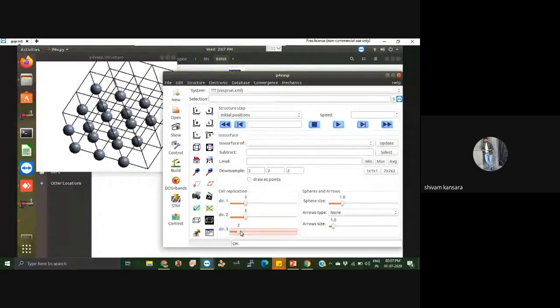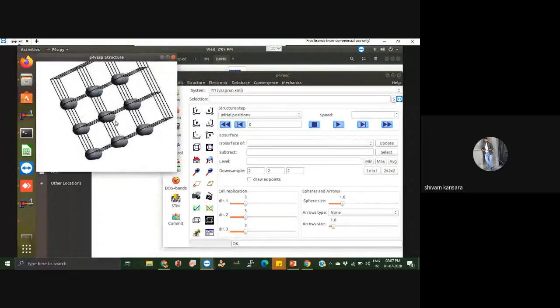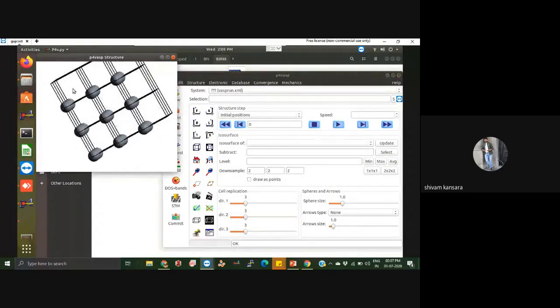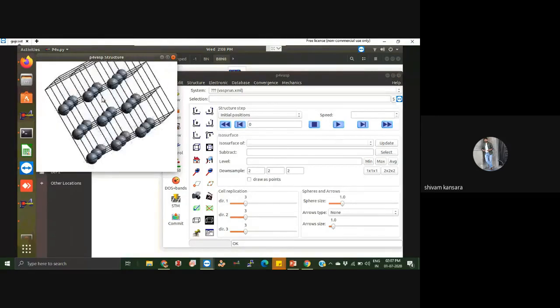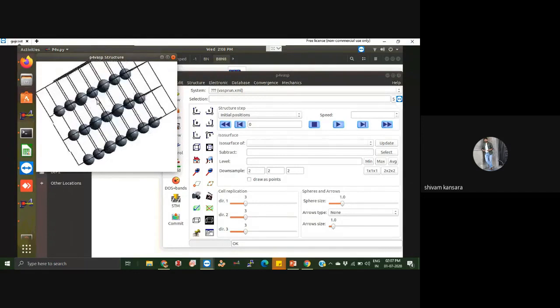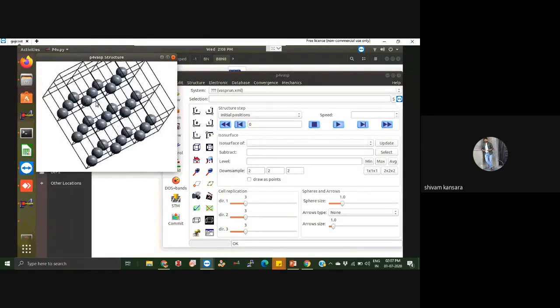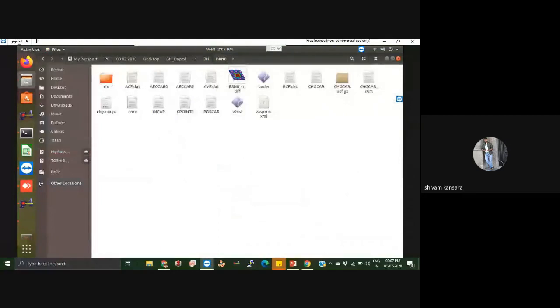In this case, we can see a total of 9 blocks: 1, 2, 3, 4, 5, 6, 7, 8, 9. The center block is completely visualized as a simple cubic structure. You can see one atom, another atom, second, third, fourth, fifth, sixth, seventh, eighth. So this is a simple cubic structure.